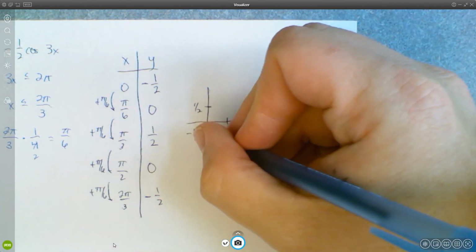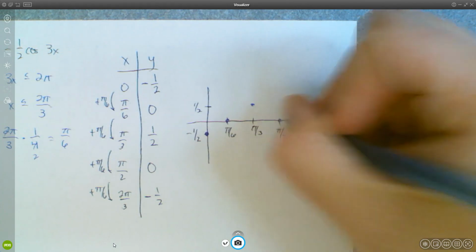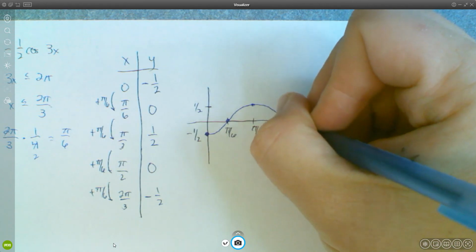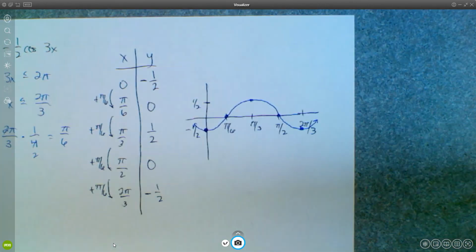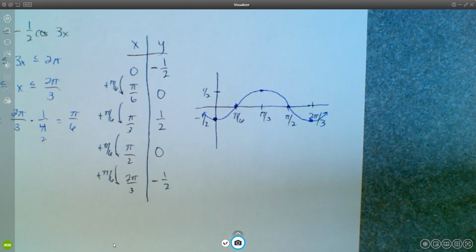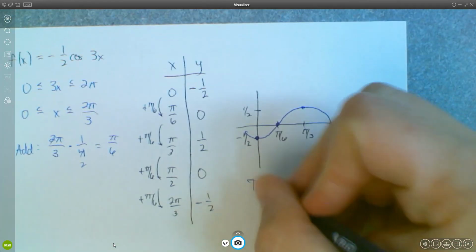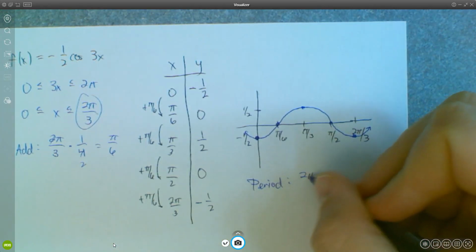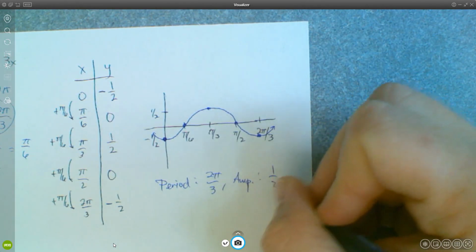Okay, so we're starting here and then working up this way. So that's -1/2 cosine 3x. Period here is 2 pi over 3, and the amplitude is 1/2.